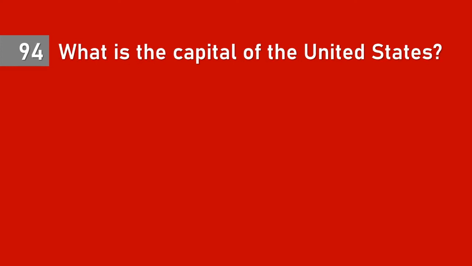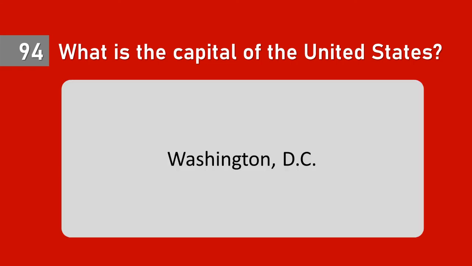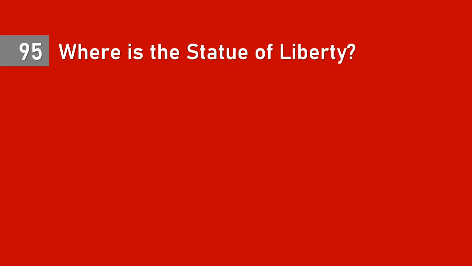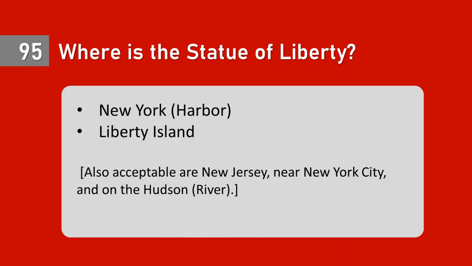Question 94. What is the capital of the United States? Washington, D.C. Question 95. Where is the Statue of Liberty? New York Harbor, Liberty Island. Also acceptable are New Jersey, near New York City, and on the Hudson River.